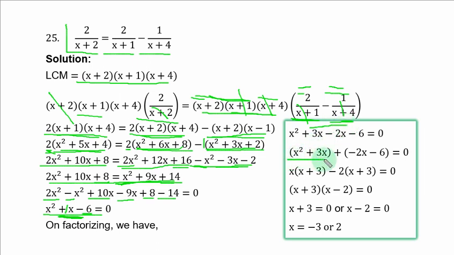The first 2 terms, one group, the last 2 terms, the other group. From the first group, you factor out s, you have this result. From the second group, you factor out -2, you have this result. Clearly, s plus 3 is common.